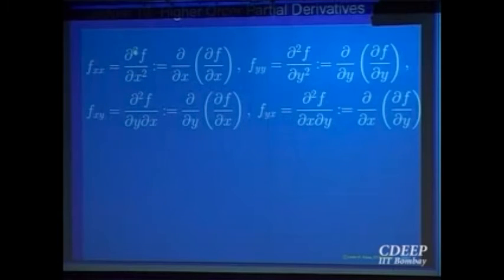This square indicates the second partial derivative, and this indicates x is being differentiated twice. Right? This is also the same as del by del x of del f by del x. You first find the partial derivative with respect to x and then find partial derivative of that with respect to x again. Okay?